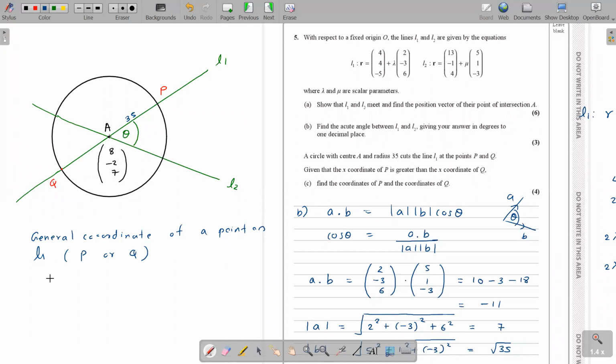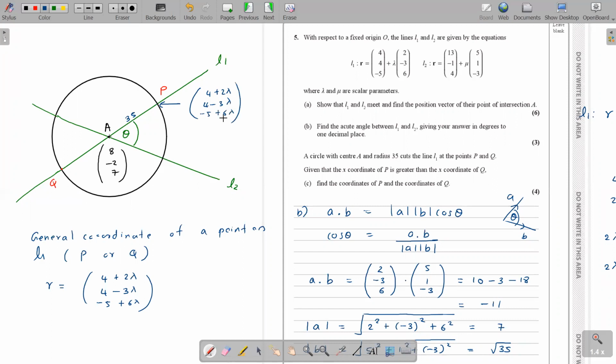What's the general point of any coordinate on line 1? Say it to me again. 4 plus 2 lambda, 4 minus 3 lambda, and minus 5 plus 6 lambda. Basically, I could use it as OP. So the P coordinate, I'll take it as 4 plus 2 lambda, 4 minus 3 lambda, minus 5 plus 6 lambda.